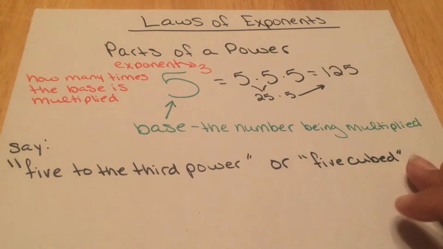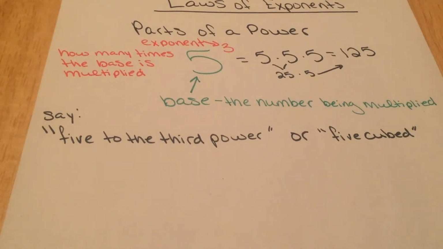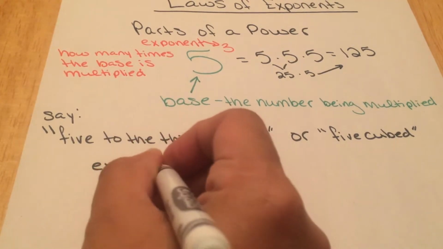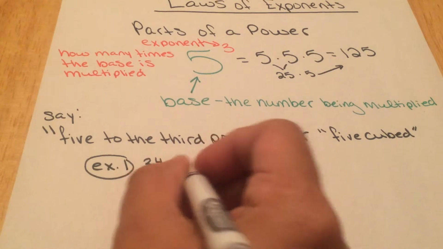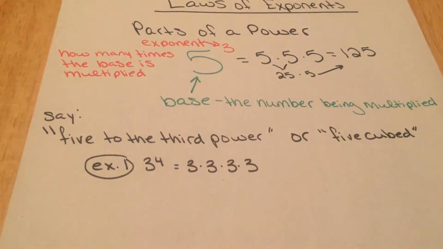So let's try some examples, not just solving them, actually just writing them. The first one is going to be 3 to the fourth power. Hopefully we know that that's going to mean 3 times 3 times 3 times 3, or 3 multiplied 4 times.